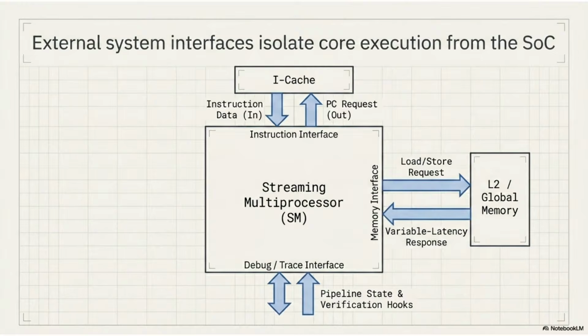So for the SM to communicate with different kinds of external things, the first one is the L2 or the global memory or the shared memory, where the load store requests go.